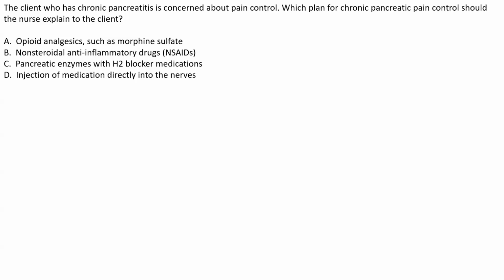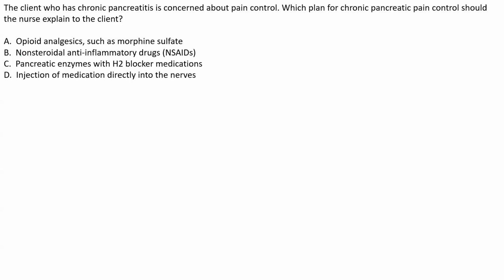that will cause a spasm of the sphincter of Oddi, which is the entrance of the pancreatic duct, and that spasm of the duct will make the disease even worse. It will increase the intensity of the disease process and make it more severe.